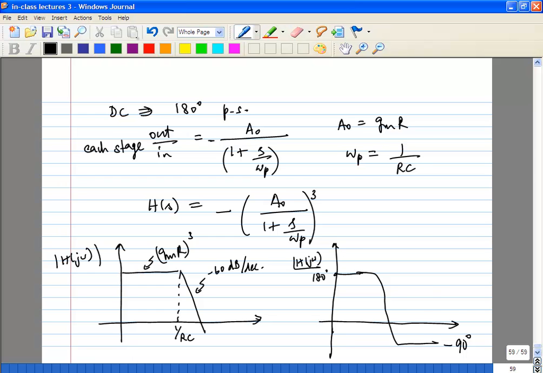So the total phase added is from each one of the blocks. And you of course have 3 poles at 1 over RC. What is the excess phase added at omega equals 1 over RC? It's 3 into 45 degrees, right? You know that.